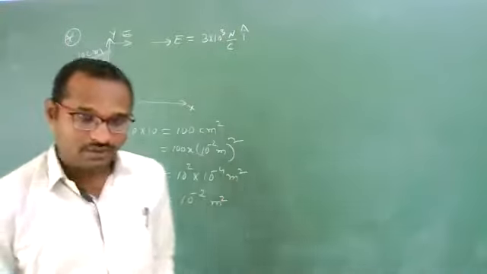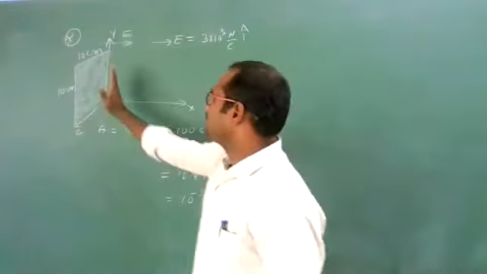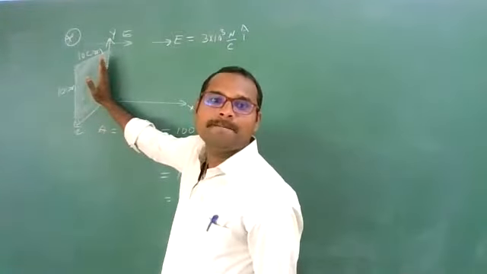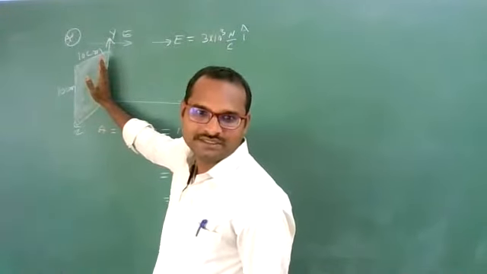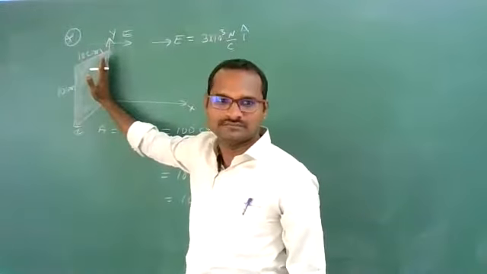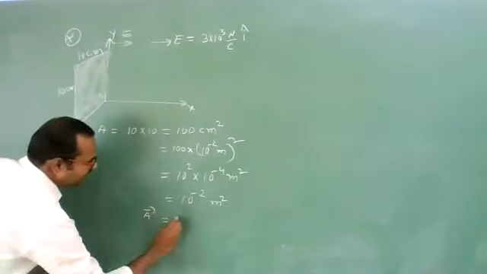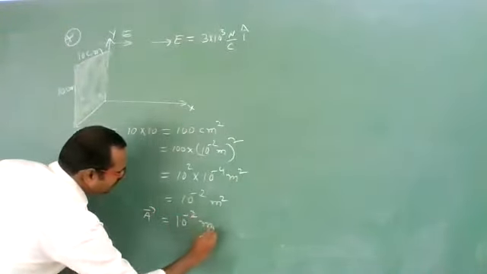Now, what will be the direction of area vector? This is area. It is like this, parallel to YZ plane. Then area vector will be in this direction. Clear? Means outside. Area vector can be given as 10 to the power of minus 2 meter square I cap.